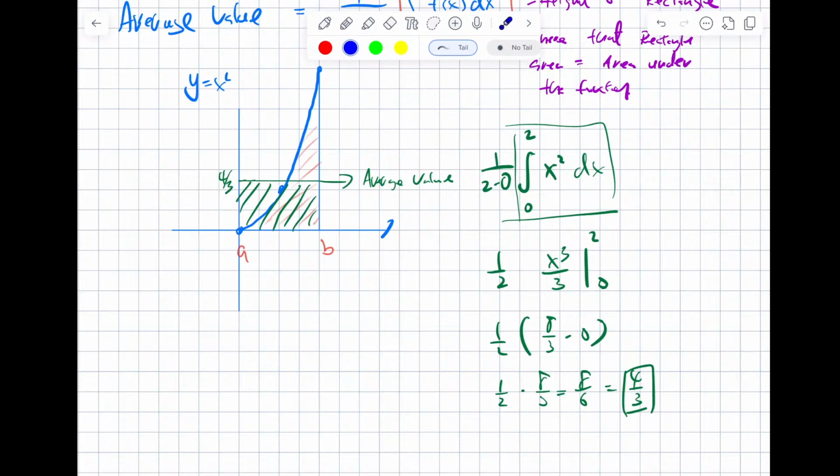Okay, so that's the average value. So here I want you to find the average value of this. Can you find the average value of this?